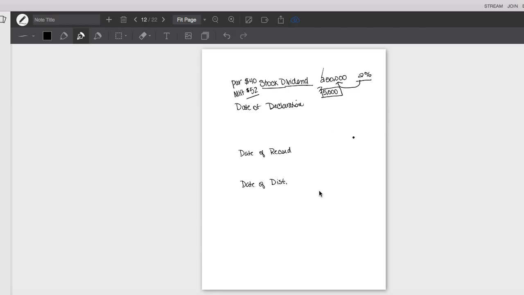On the date of declaration, you will debit stock dividends, and I'm going to have to abbreviate here to fit it on the page. So please look at the labels in your problem to make sure you're using the right words in Cengage. But you're going to debit stock dividends for the market value.